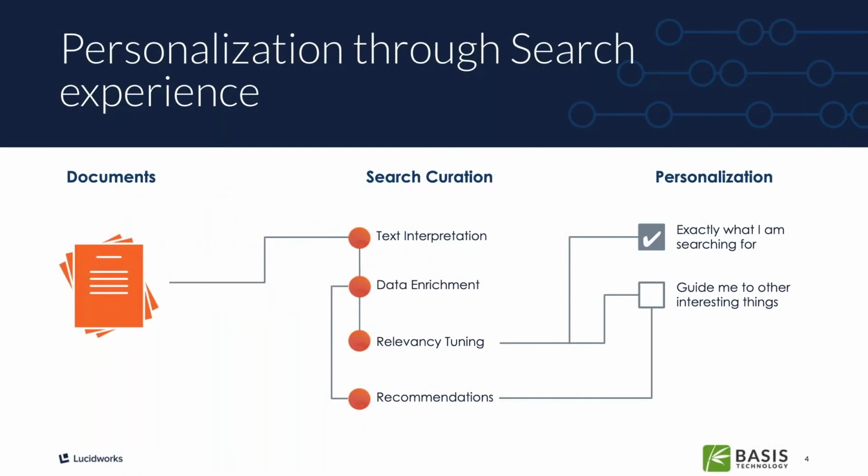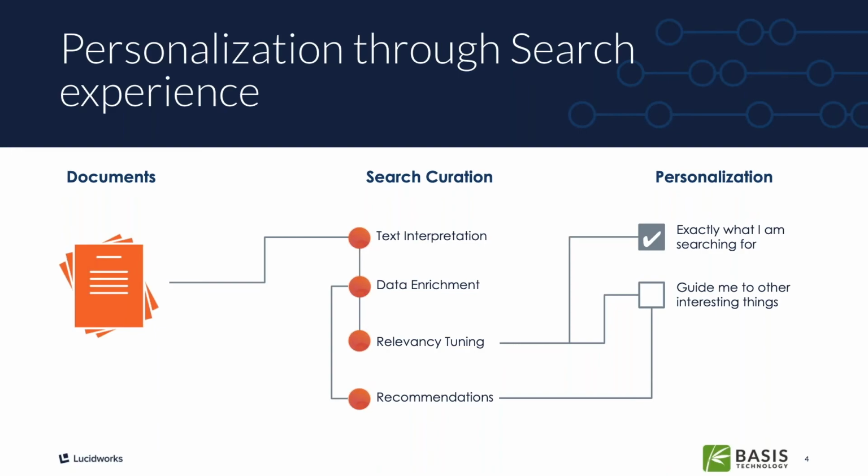When it comes to search, personalization is one of the main areas of interest, and the process is pretty straightforward, beginning with document ingestion and then launching into search curation, which has multiple steps. First of all, we have to do text interpretation. Then we have to add data enrichment, relevancy tuning, and recommendations.